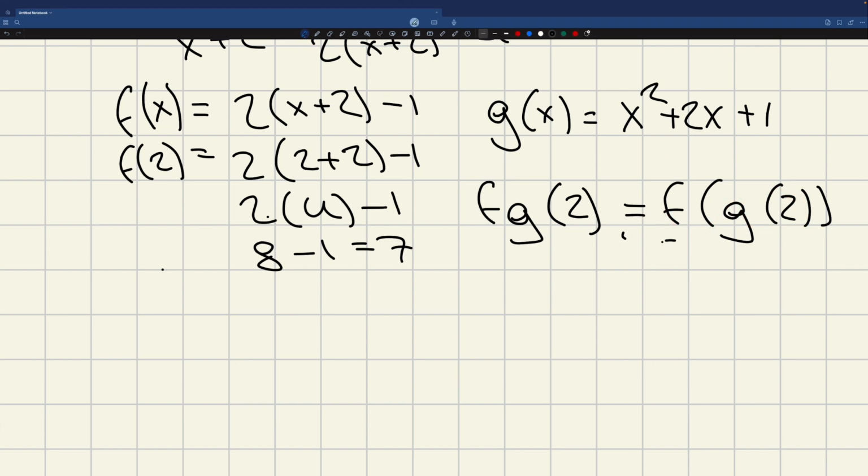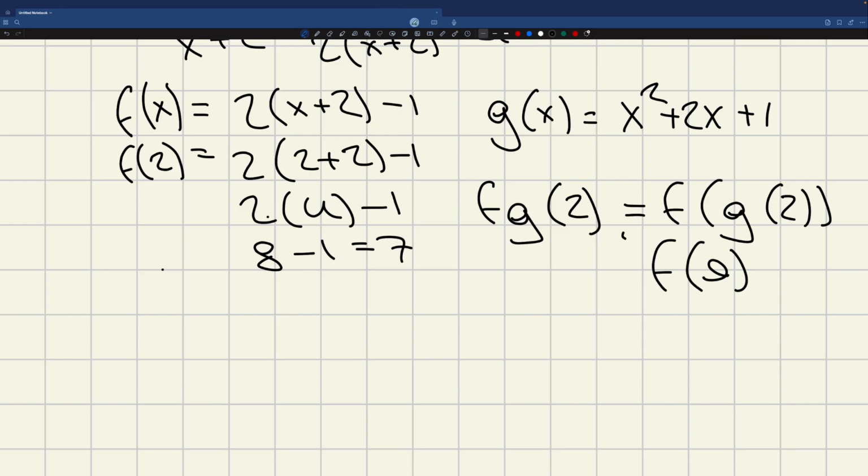We get f of, now g of 2 will be 2 squared, and why? Because we put a 2 over here, and we put a 2 over here. So 2 squared will give us 4, 2 times 2 is 4, plus 1. 4 plus 4 plus 1 is 9. So we get f of 9.